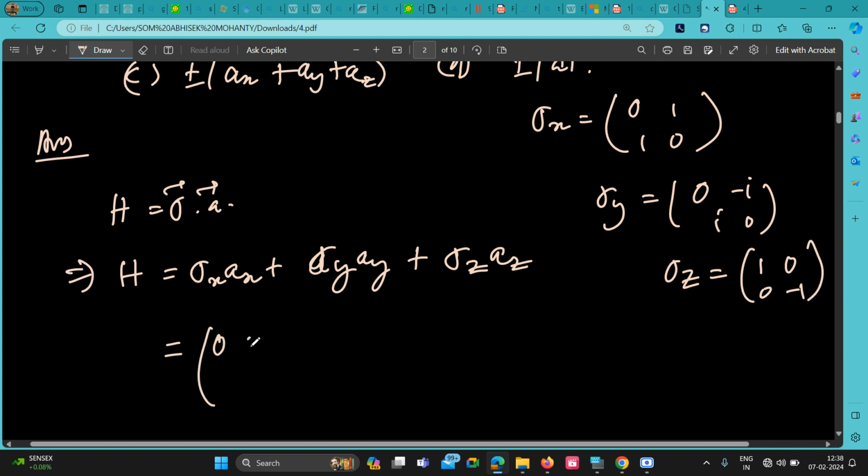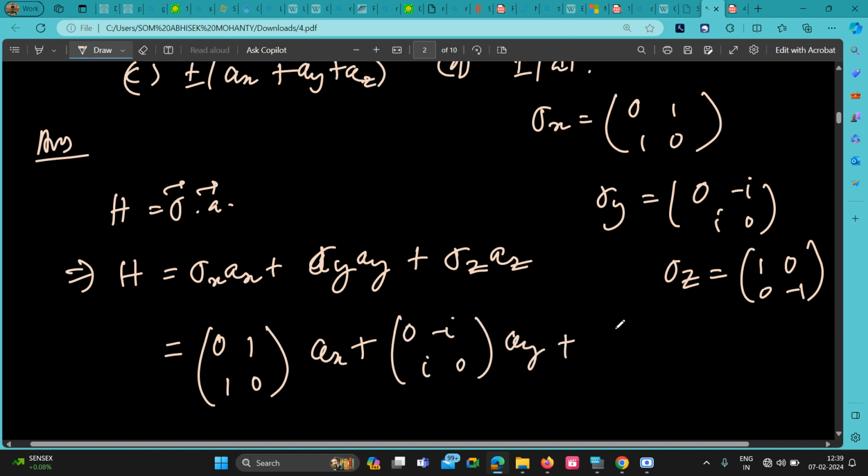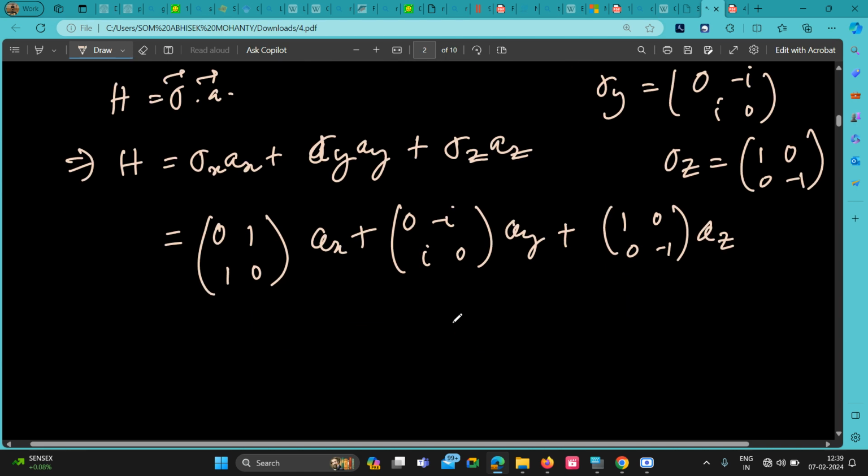Just put them in: (0, 1; 1, 0) Ax plus (0, minus i; i, 0) Ay plus (1, 0; 0, minus 1) Az. Now we just have to open them and we see this is Az, Ax minus iAy, Ax plus iAy, minus Az.